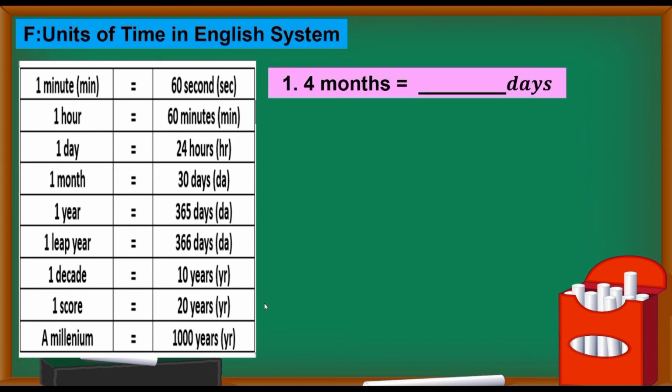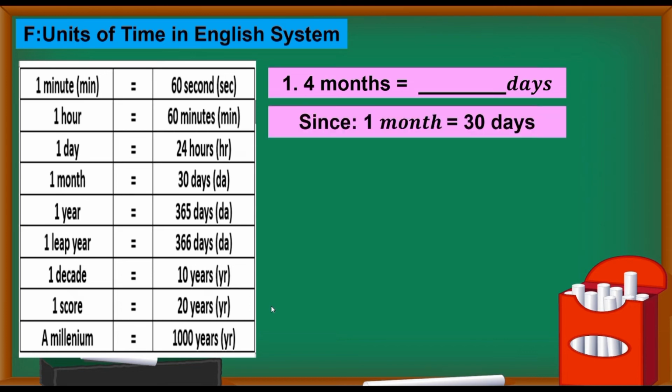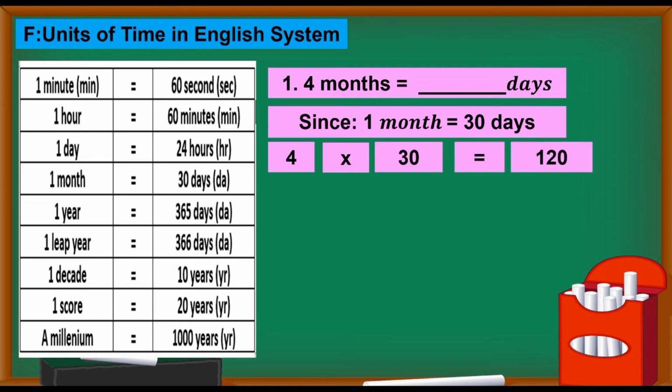So, let us now have, in 4 months, how many days? So, since 1 month is equal to 30 days, we will multiply 4 times 30, and that would equal 120. So, therefore, in every 4 months, there are 120 days.